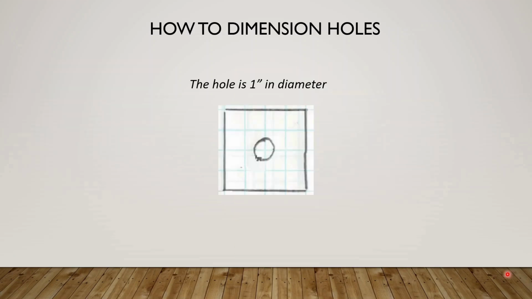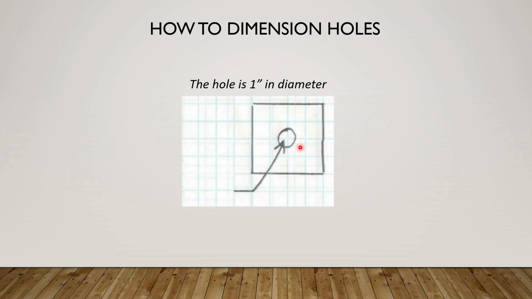One of the most common things you'll need to dimension is holes. So to tell the person what size drill bit they need, they're going to need to know the diameter of the hole you need. So let's say I wanted someone to drill a 1-inch diameter hole. The way I would communicate that is to draw a bent arrow that points to the hole, much like this.